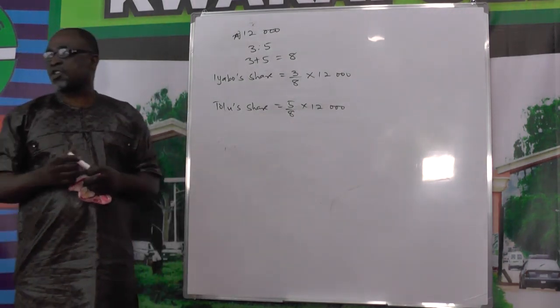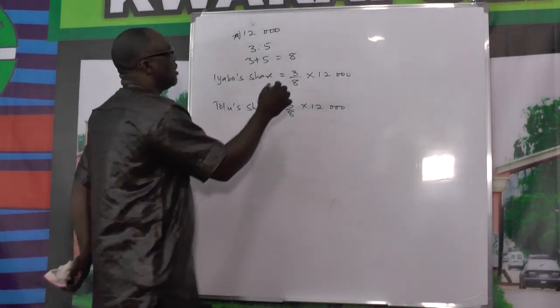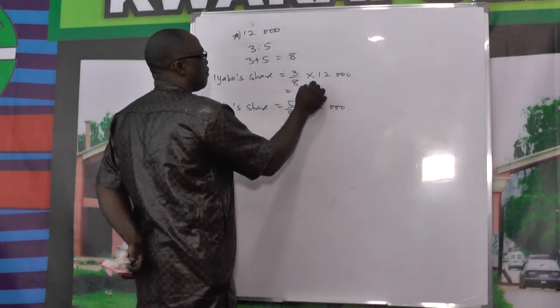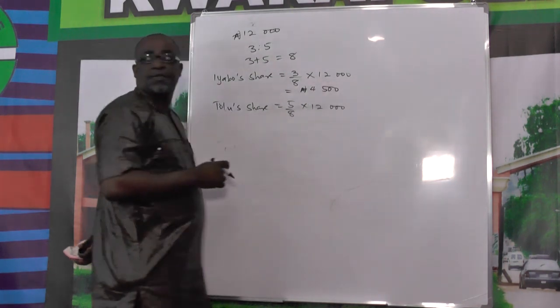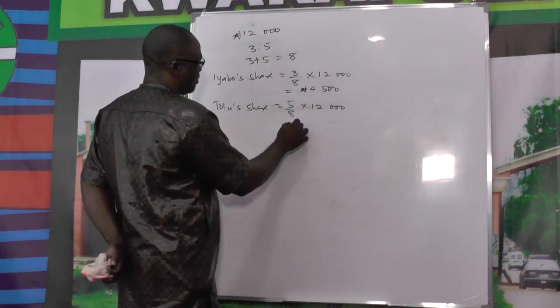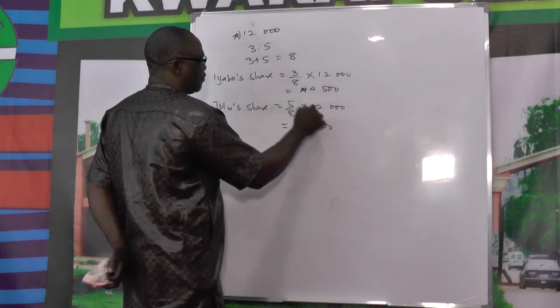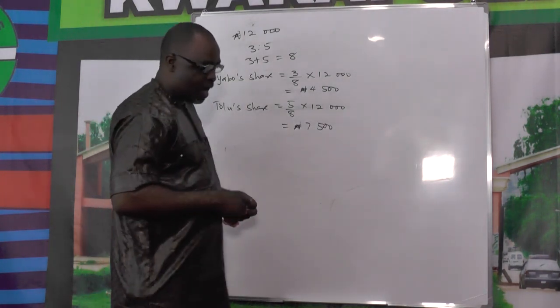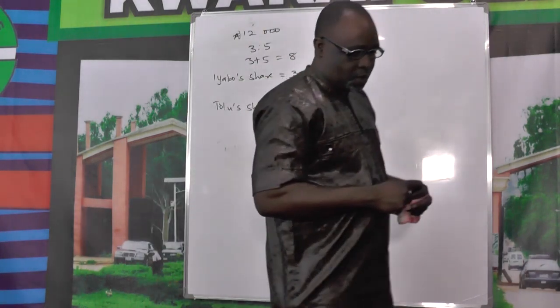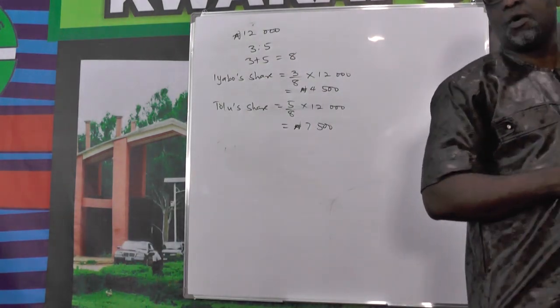So the proportion of each, this gives us 4,500 and this gives us 7,500. So I can say that Iyabo's proportion of the money, which is 12,000, is 4,500, and Tolu's proportion of the money, 12,000, is simply 7,500.